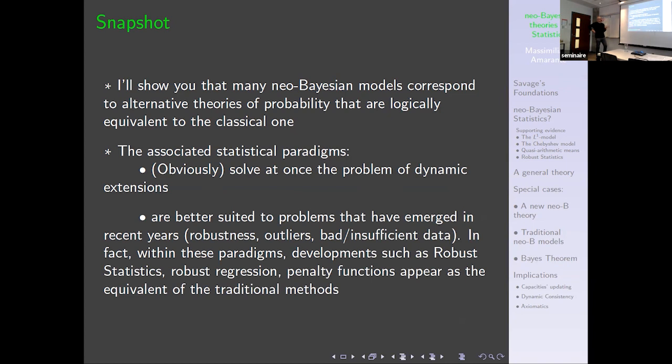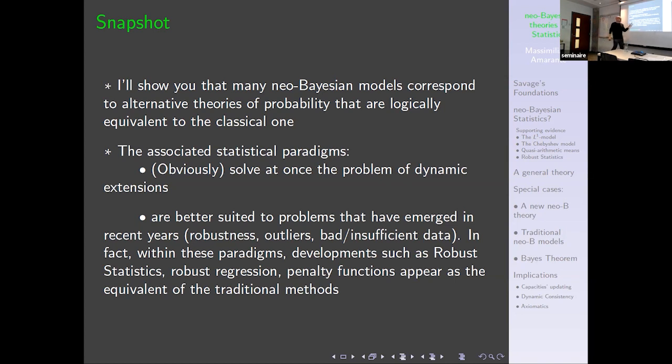But what's the upshot, and in particular something that might be interesting or useful to you, is that once we see this, we will automatically have a statistical paradigm which stems from the mapping. And besides solving at once evidently the problem of dynamic extensions, we will see that the statistical paradigms are different from the classical one.